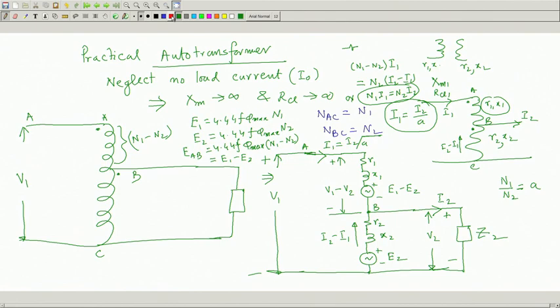Now, look at this, today I will only tell this much: look at this portion, this coil and this coil, these two coils are separate, not magnetically coupled. Therefore, I can say that, I mean what I am trying to tell, in the next page I will draw.